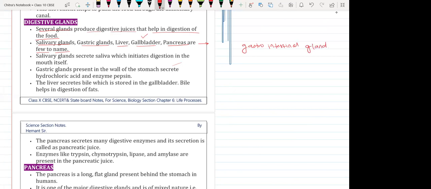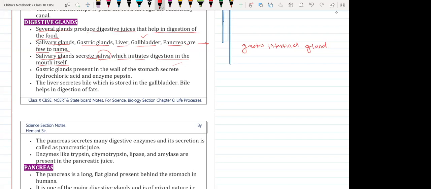Salivary gland secretes the saliva, which contains amylase enzyme called salivary amylase, which initiates the digestion in the mouth itself. That means the digestion of food starts from the mouth only, right?